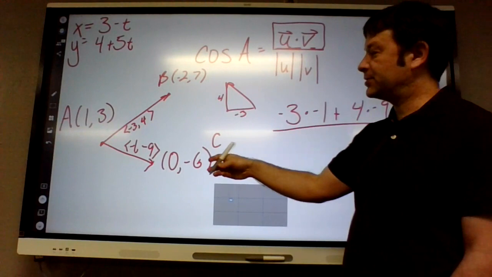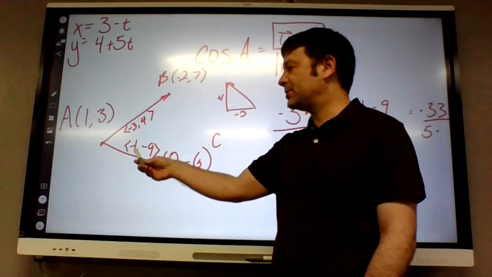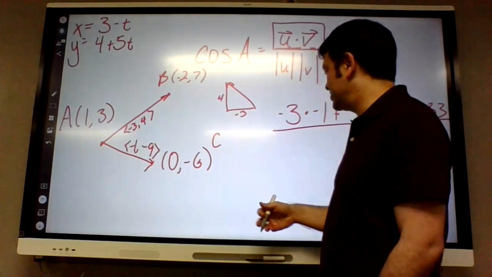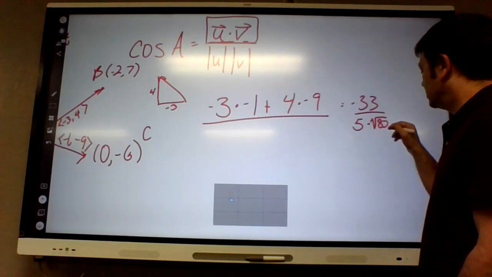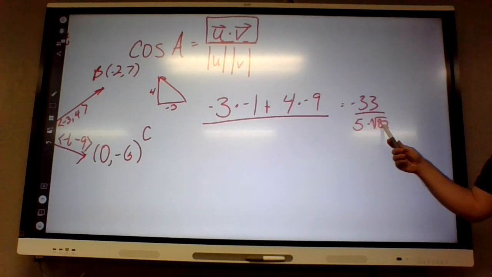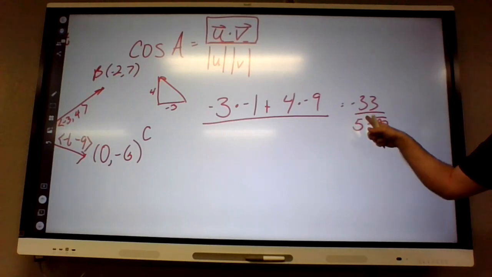For v it's 1 squared plus 9 squared, the negative doesn't matter because negative 1 squared is also positive 1. That's 82, square root of 82. That doesn't come out nice, and it doesn't really matter if you simplify this, because this is not the answer.